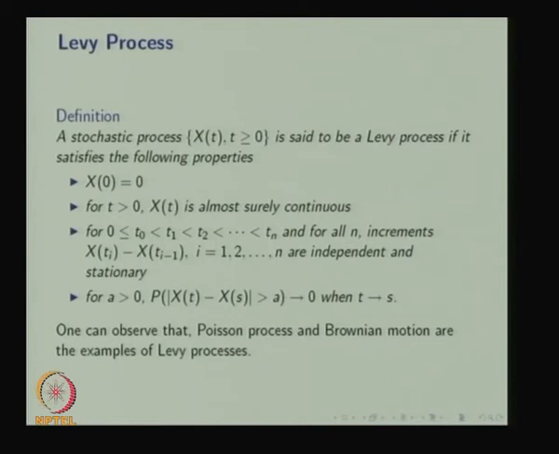Whereas here, for a > 0, the probability of |X(t) − X(s)| > a will tend to 0 when t tends to s. So this property is valid both for the Poisson distributed random variable in the Poisson process as well as the normally distributed random variable in the Brownian motion.